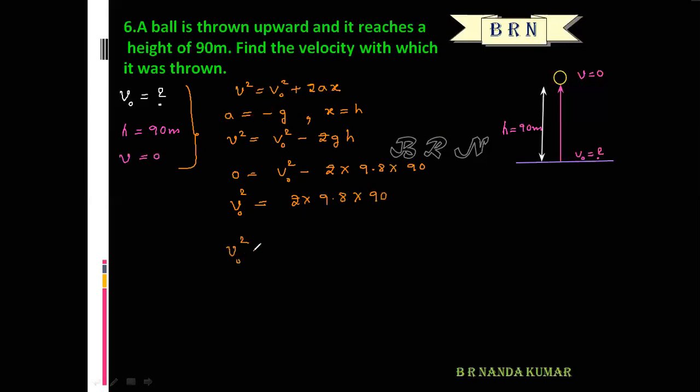So that is 1764. Taking the square root on both sides, V naught is root 1764, that is 42.